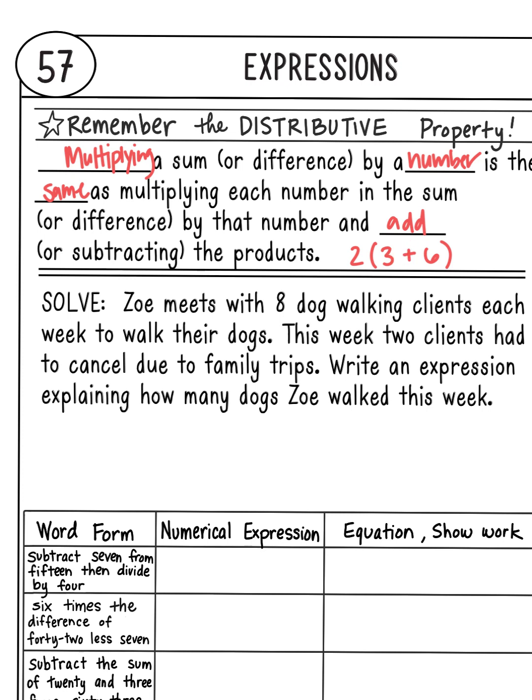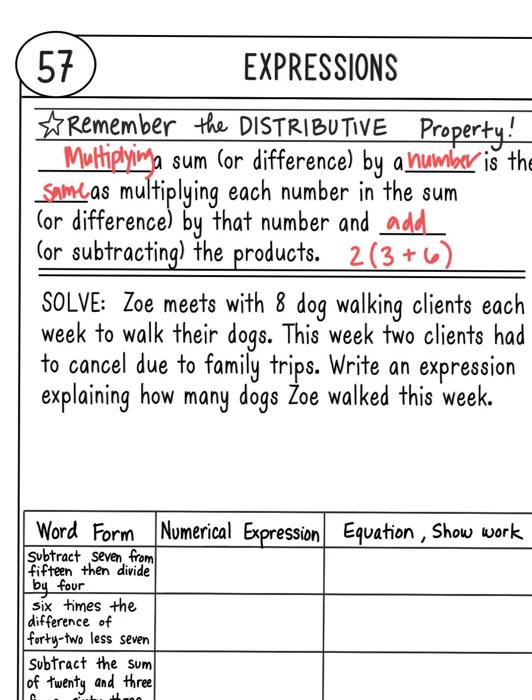Okay, so it says solve. Zoe meets with 8 dog walking clients each week to walk their dogs. This week, 2 clients had to cancel due to family trips. Write an expression explaining how many dogs Zoe walked this week. Okay, so what I'm gonna write, if we're talking about each day of the week, how many days are in a week? 7.